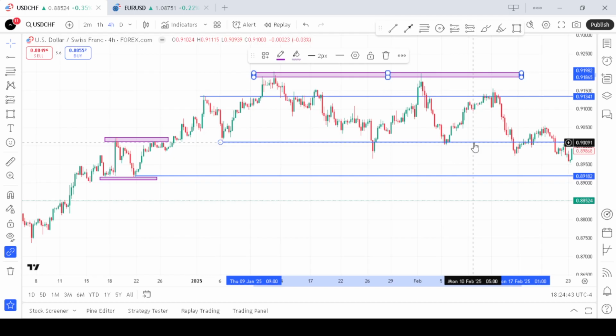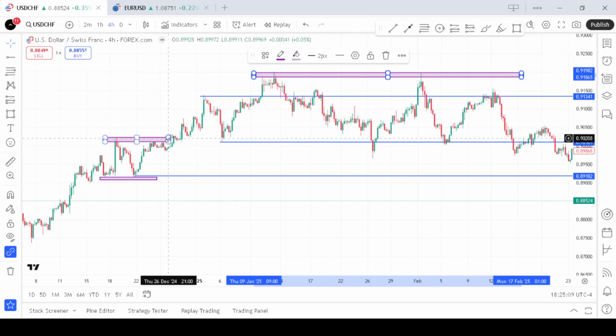As you become more proficient with these tools, you will notice that a previous resistance level becomes a support level when broken, and previous support levels become resistance levels when broken. This concept is known as role reversal. It is a powerful aspect of technical analysis that helps you to anticipate future price movements.